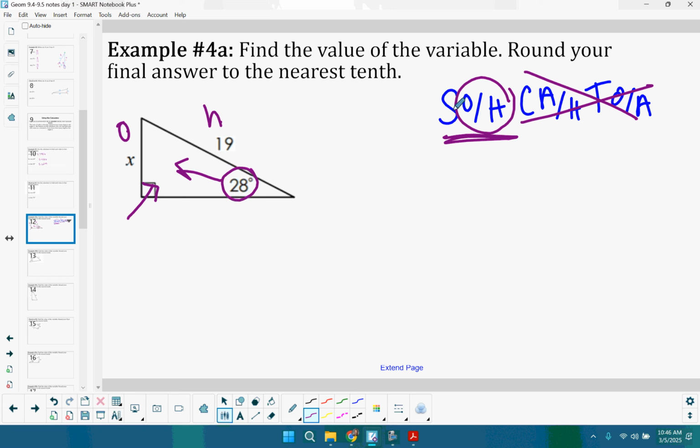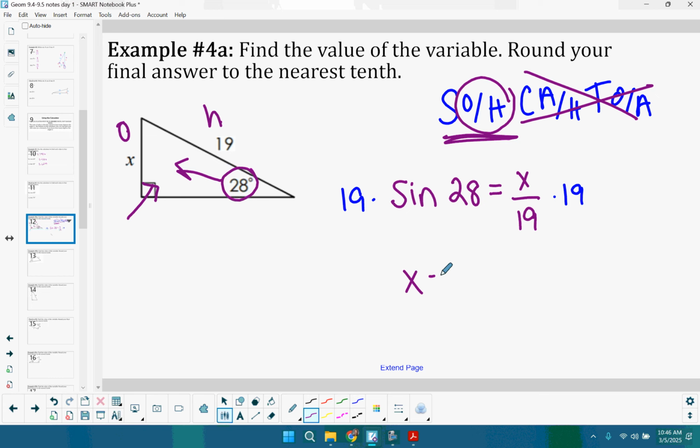Now that I know it's going to be sine, I'm going to set up sine of the angle. That's 28 degrees. So sine 28 equals, and if it's O over H, that's going to be x over 19. To get x alone, we would need to get rid of the divided by 19. So we're going to multiply both sides by 19.